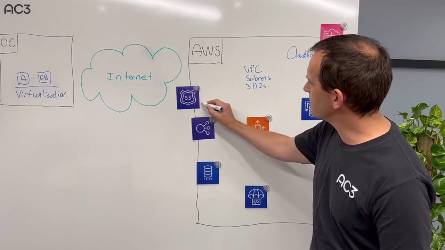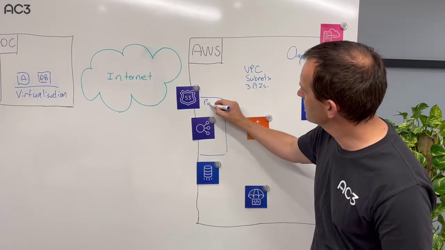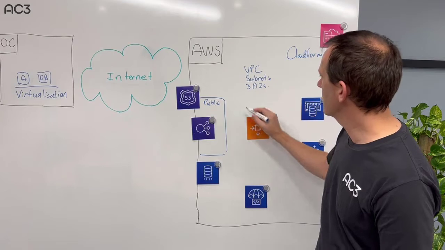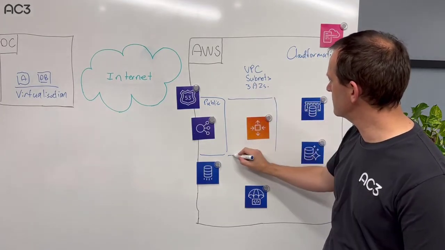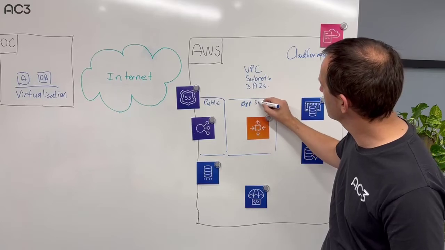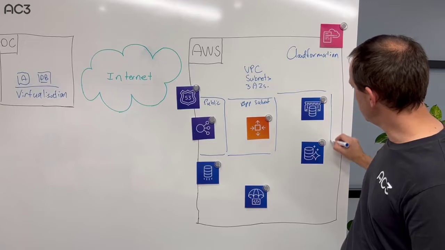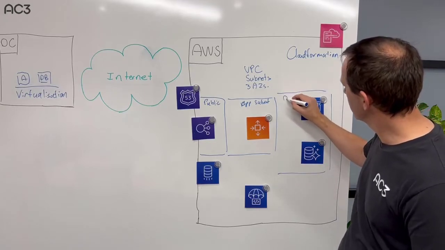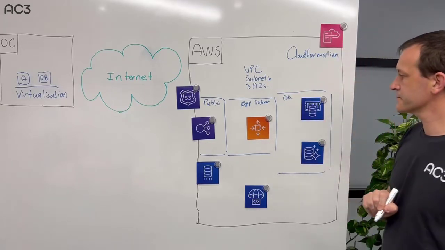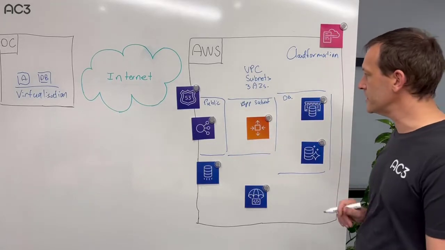We want to have 3 subnets: a public subnet, an application subnet, and our database subnet. This ensures that the components of our application are segregated.